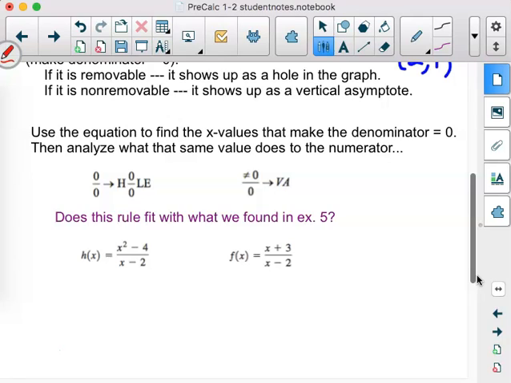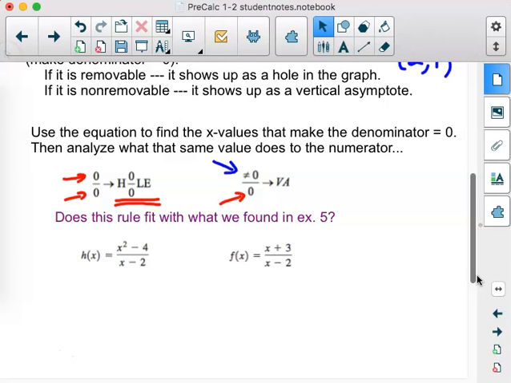So here's what they're saying. You're going to find a 0 in the denominator. If that same 0 shows up in the numerator, you got yourself a hole. If you find a 0 in the denominator, but it doesn't have the exact same 0 in the numerator, then you have a vertical asymptote.